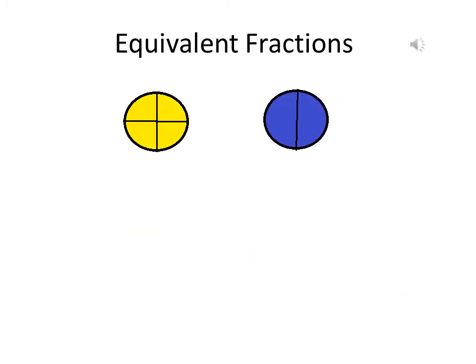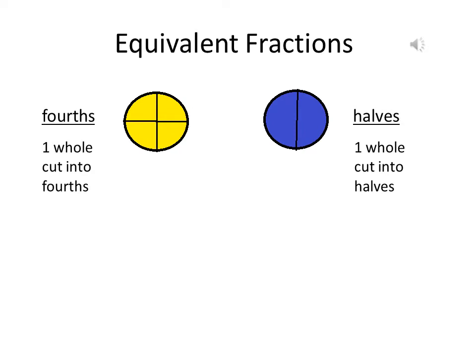Here's the review of equivalent fractions. Let's start with two circles that are the same size. One is divided into fourths, and the other is divided into halves. If we take a piece from each circle, you can see that 2/4 from the yellow circle equals 1/2 from the blue circle.